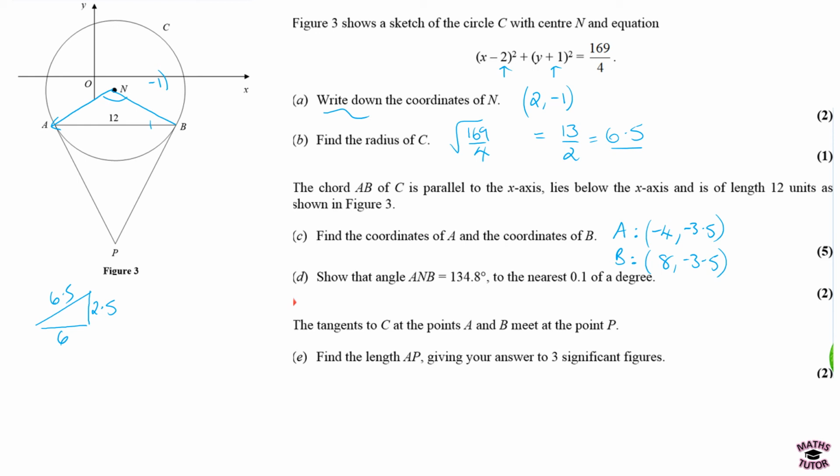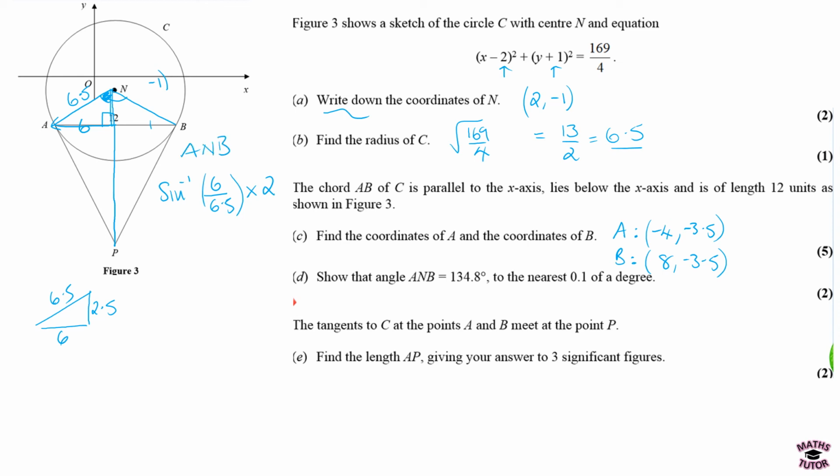Now using the symmetry of the shape again, if I go down all the way to here and just work in this right angle triangle here and find what this angle is, and then just double it up from the symmetry of the shape, we know that this is 6.5 and this is 6. So we find that angle there by doing inverse sine of opposite over hypotenuse, and then times it by 2 will be the angle ANB.